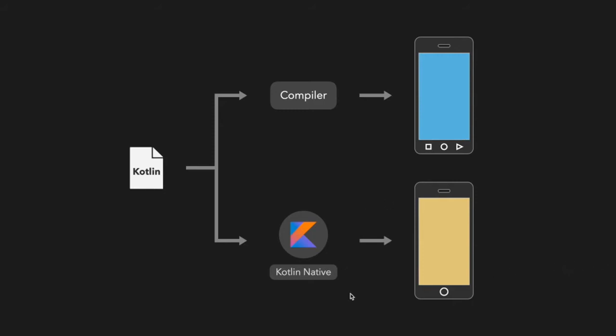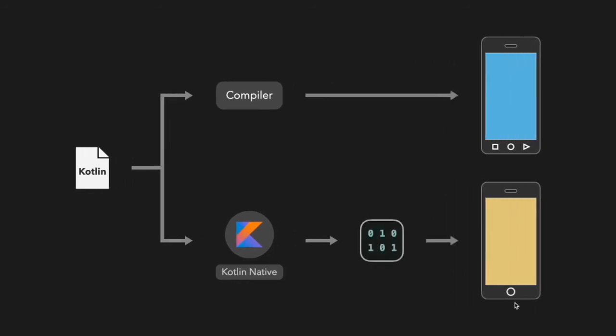And why does this happen? Why do we still depend on it for iOS? Well, it's mainly because Kotlin Native generates a binary, right? Kotlin Native turns our Kotlin code into a binary library that can run on iOS. However, it doesn't really have to be like that.